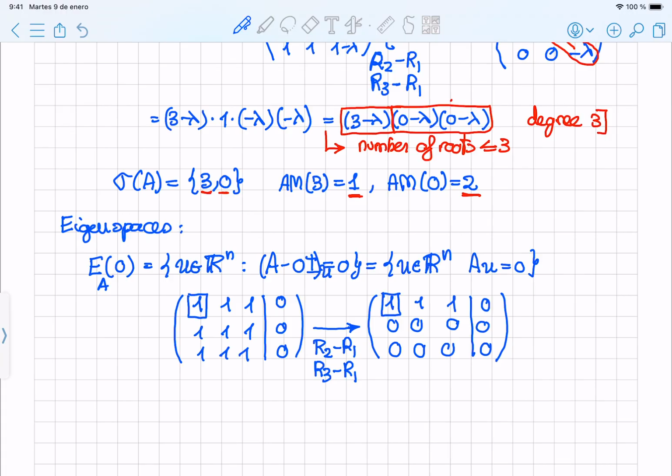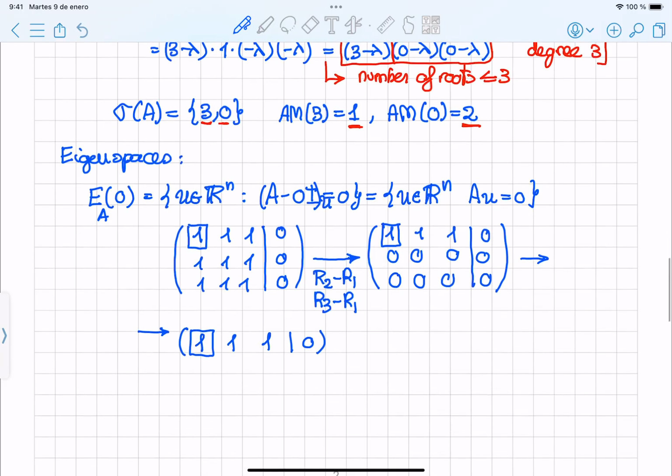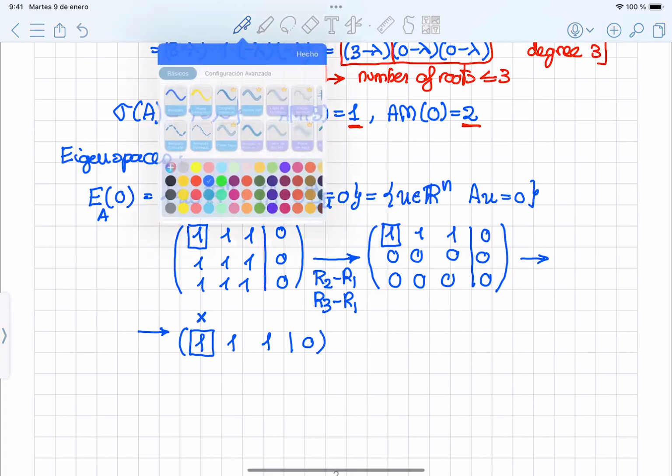So this is our system. At this stage, we can forget about the last two rows, the 0 rows, and only one row remains. 1, 1, 1, 0. And this is our pivot. Okay, so at this point, in order to solve the system, what we do is identify that we have three unknowns, the x, and the other two, the y and the zeta.